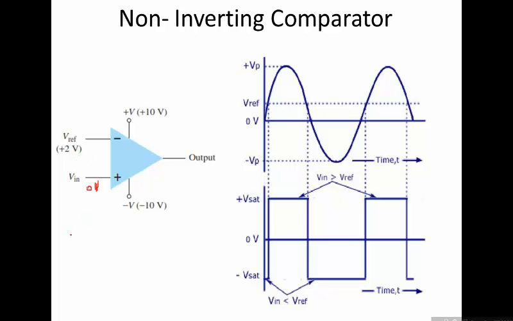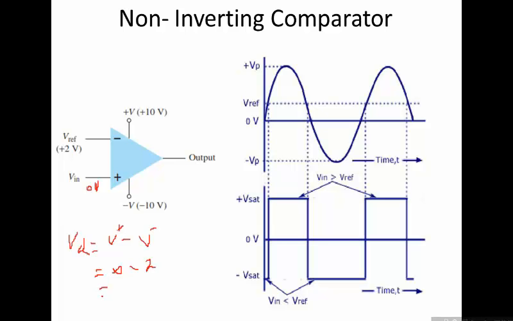Then what would VD be equal to? VD would be equal to V plus minus V minus, that is voltage at the positive or non-inverting terminal minus voltage at the inverting terminal, and the voltage at the positive terminal is 0 volts and the voltage at the negative terminal is plus 2 volts.